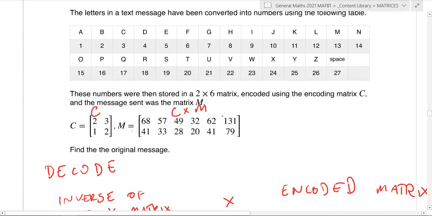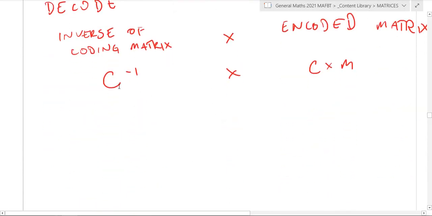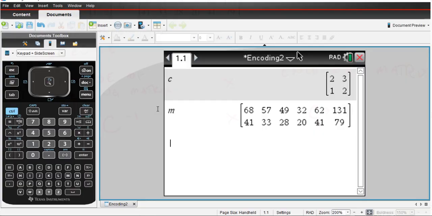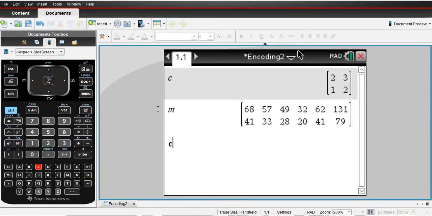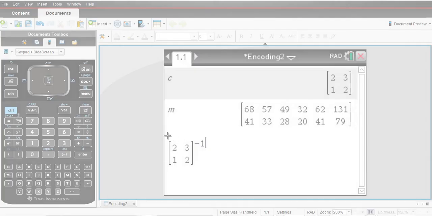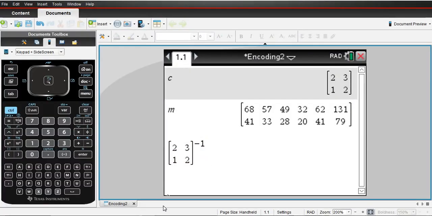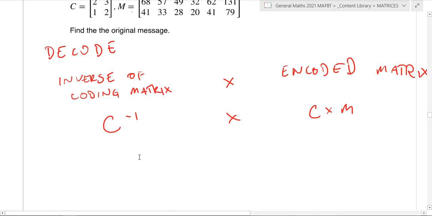So in order to decode, like I said, all you've got to do is get the inverse of the coding matrix, so C inverse. On your calculator, you can literally just write C to the power of -1 for C inverse. Otherwise, you can also take this matrix to the power of -1. That also works. I'll put this in your examples here so you can see what I'm doing.